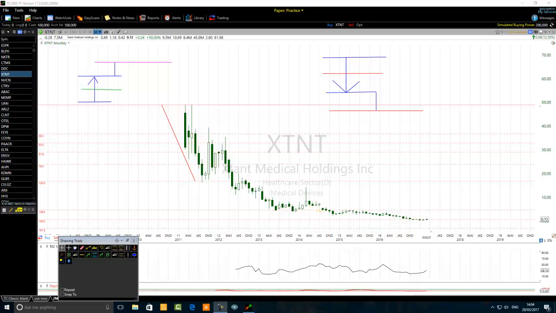Extant Medical Holdings Incorporation belongs to the healthcare sector, medical devices, and we want to talk about a Fibonacci Trader explaining the 150% Fibonacci extension.